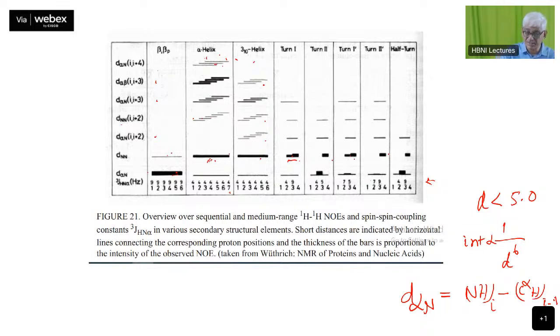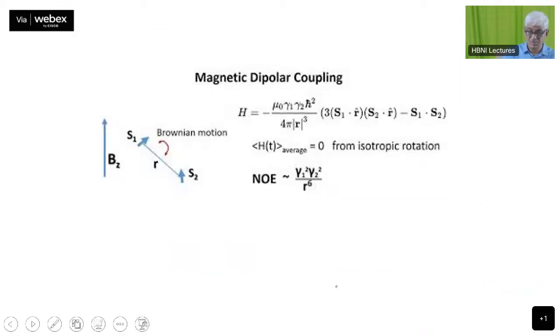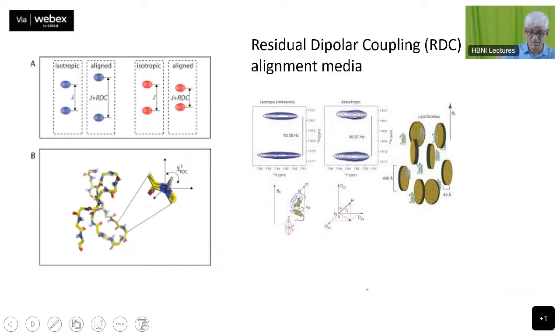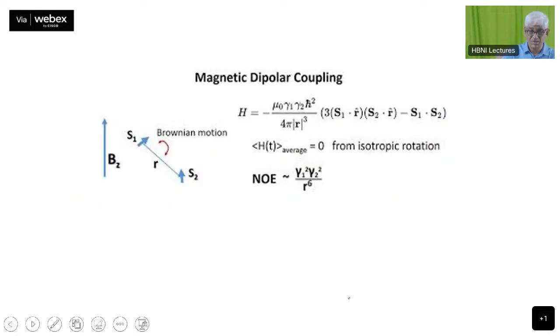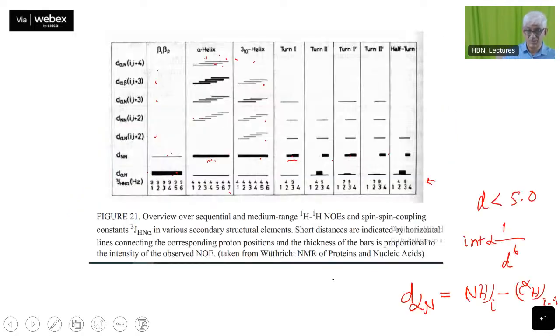Here also it is the same. Here 2-3 is stronger. The bar intensities are proportional to the distances; that is how this is obtained.